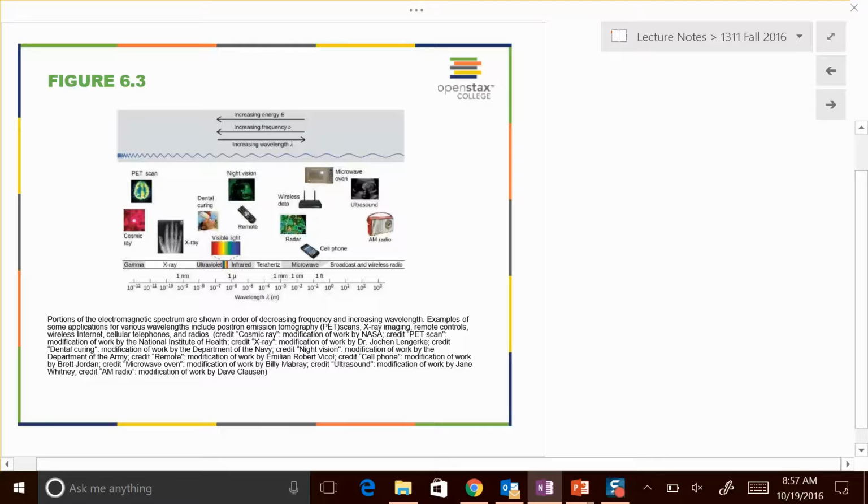Here are some devices. Radios, an ultrasound. So if you go get an ultrasound, not a big deal, it's just using radio wave frequencies. Cell phones are more up in this microwave region, radar, wireless internet, routers, microwave ovens. People think microwave ovens are dangerous, right?